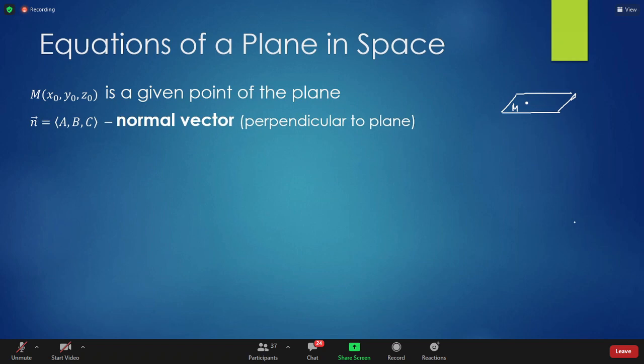Remember when we had a line in 2 dimensions, we had a normal vector to the line, the vector perpendicular to the line. Similarly, we have a vector in 3 dimensions which is simply perpendicular to the plane, and we call it the normal vector of the plane. So we have a vector n, which is perpendicular to this plane, with coordinates A, B, C.